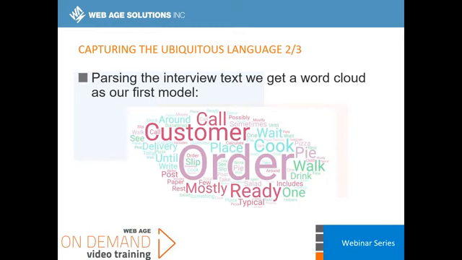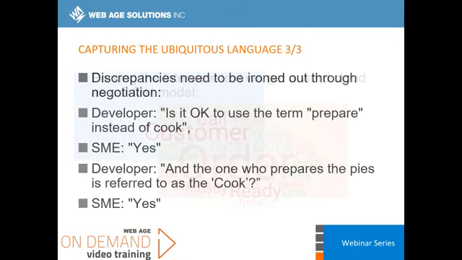So one of our purposes in developing this ubiquitous language is to ensure that we flush out some of that kind of ambiguity. And we do that through simple questioning. We say, well, can I use prepare instead of cook when I'm talking about a process? And we can agree that therefore when I use the word cook, it is the person that prepares the pie, and we get some agreement out of that.